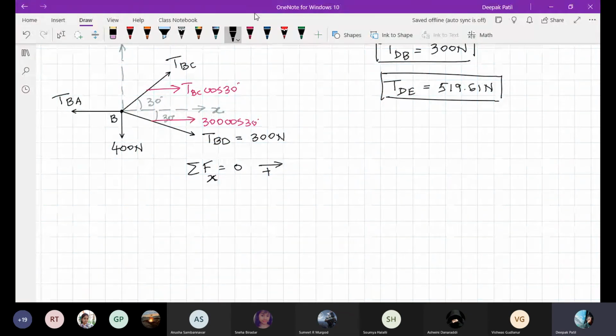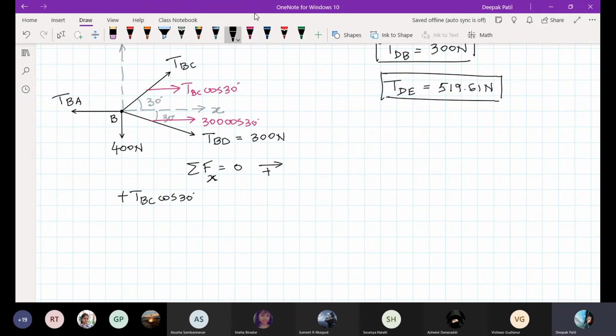So let us substitute all of them. So TBC, will you take positive or negative? Plus TBC cos 30 or minus TBC cos 30? Plus, sir. Yeah, plus, right? Because it is in the positive sign convention. So I should write it as plus TBC cos 30 degrees.